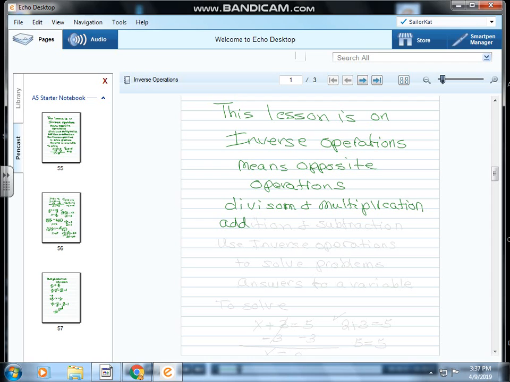Addition and subtraction. So you use inverse operations to solve problems.